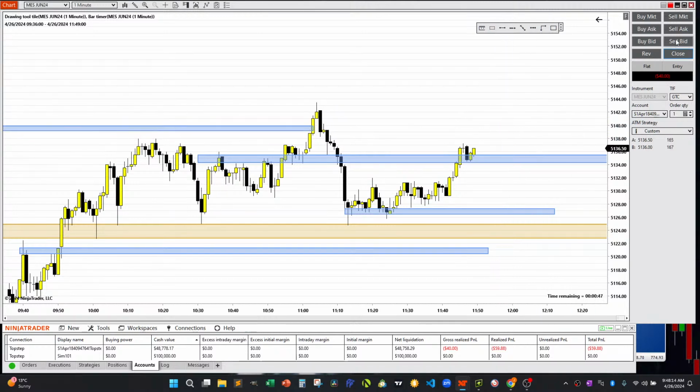If it does break out, I'll re-enter long. Cover the bottom.